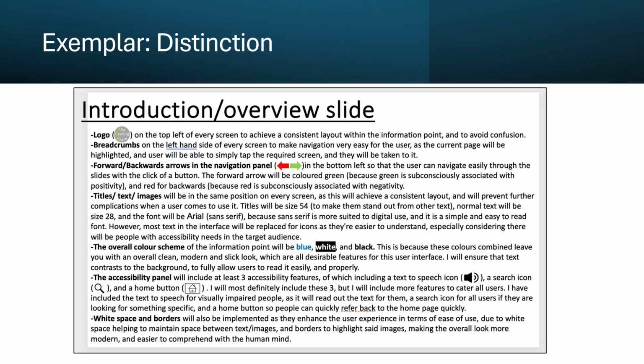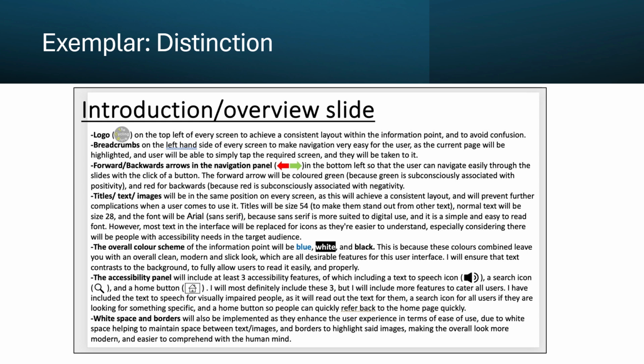mark band. This is an example of a student's work. This is the distinction work. You can see that this is the introduction or overview slide. This particular learner, what they've done is they've explained where their logo's positioned and how it's going to achieve consistent layout.